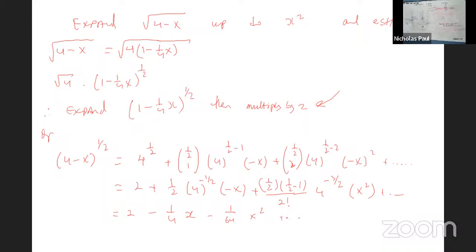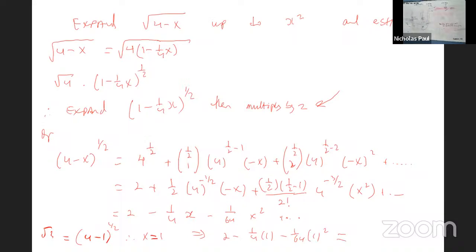Right, how do we get root 3 now? To get root 3, it will be 4 minus 1, right? 4 minus 1 to the power of a half. So therefore, we're going to let x be 1, negative 2. So that'll be 2 minus a quarter by 1 minus 1 on 64 by 1 squared, which is how much?